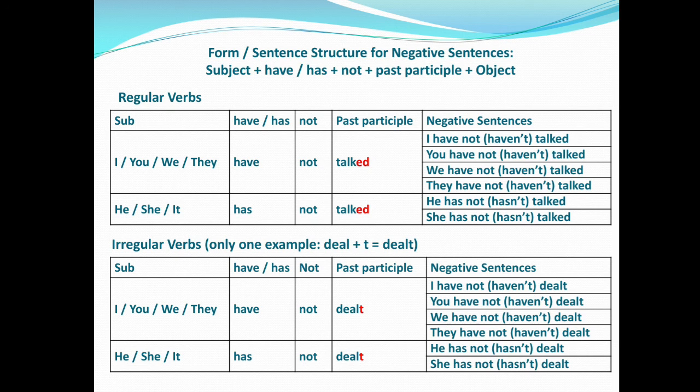Now, let us look into forming the interrogative sentences. Interrogative also again questions. So, for the questions have or has in the beginning plus subject plus past participle plus object and the question mark at the end. And when you make the question, the first letter H in have and has would be capital. Okay. So, let us look at the regular verb.